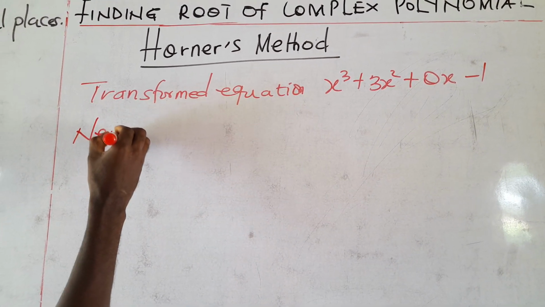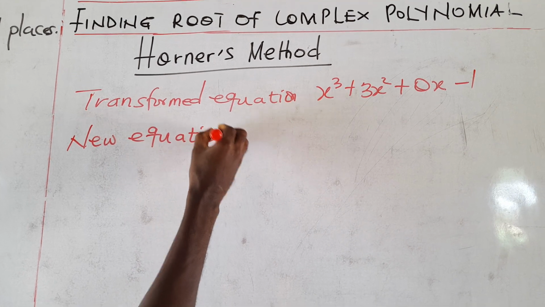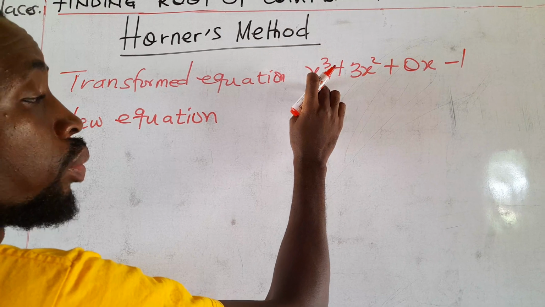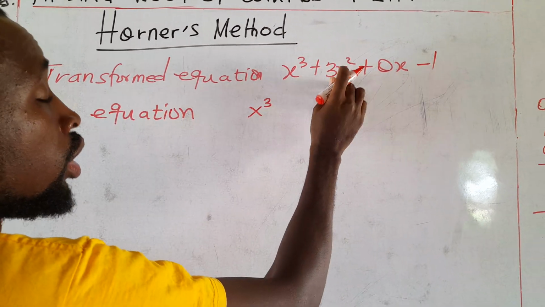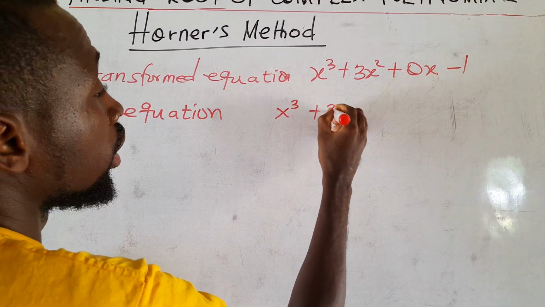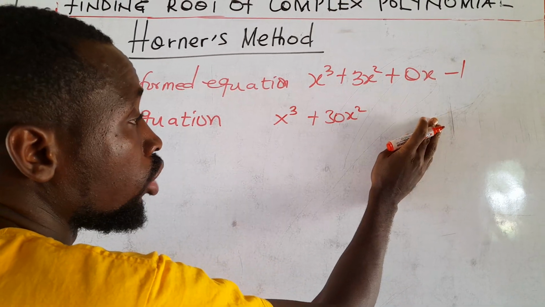So our new equation, remember, we'll be multiplying this by 10 exponent 0. So that will be 1 times that will be this. This by 10 exponent 1, that will be 10. So plus 30x squared. Since this is 0, multiply anything by it, it will be 0.